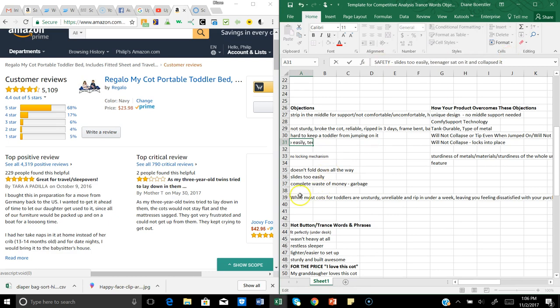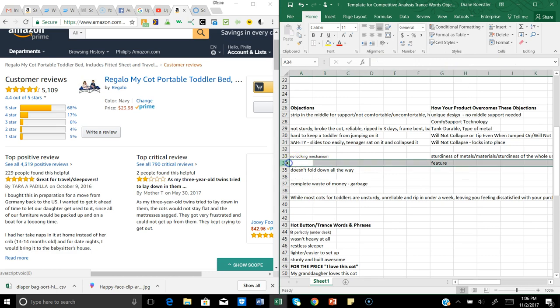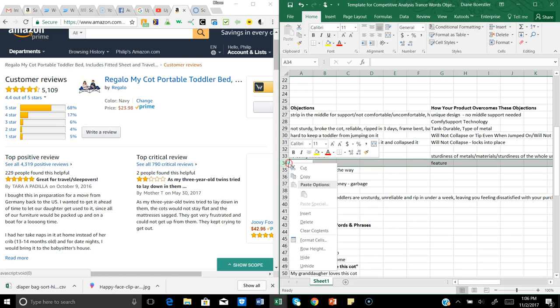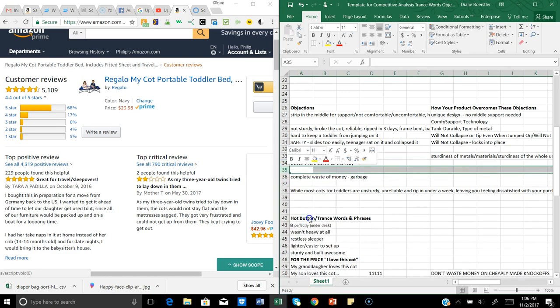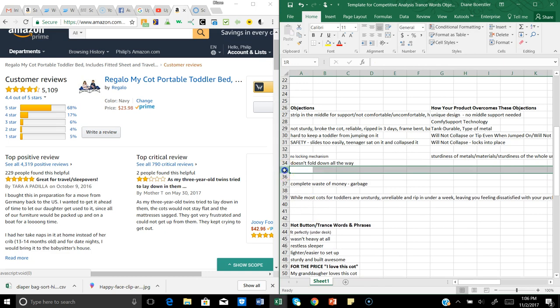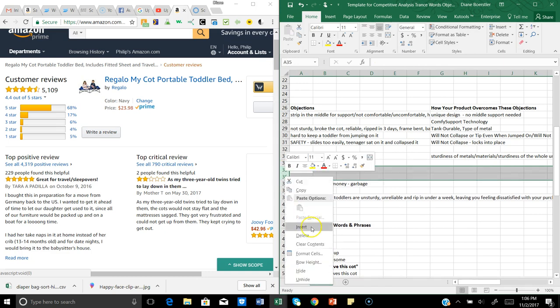Teenager sat on it and collapsed it. My wonder is why nobody has mentioned fingers getting pinched. It's kind of funny. Delete that. Completely waste of money, garbage. Again, here we go back to that value thing. How is yours going to deliver them value for a long, long time?